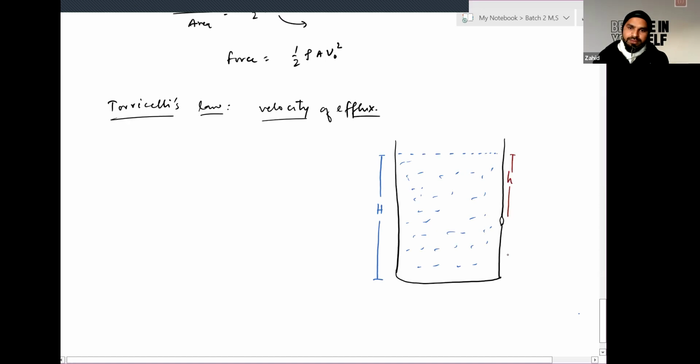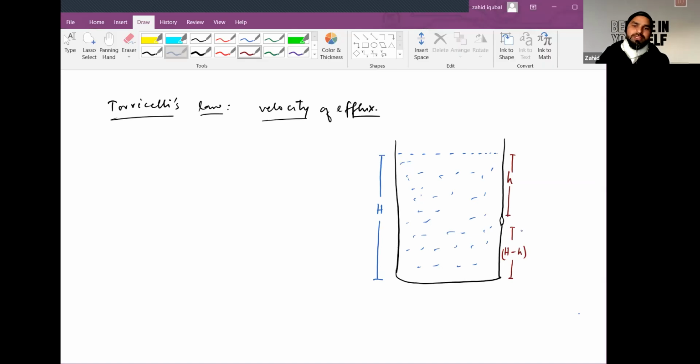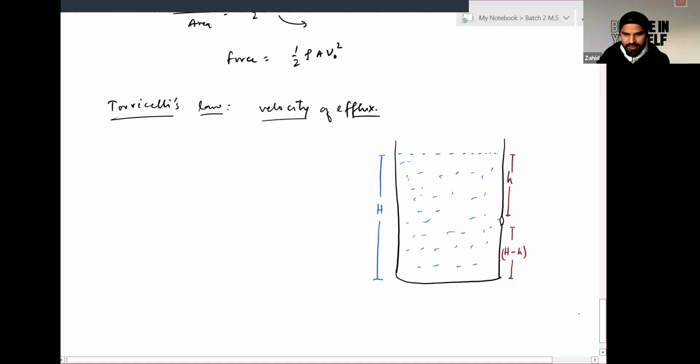So this remaining height will be H minus h. So this height, small h, must exert some pressure on this particular liquid, due to which through this hole, liquid starts emerging out with some velocity, let's say that velocity is VE, which is called velocity of efflux, for which we have to find its expression.